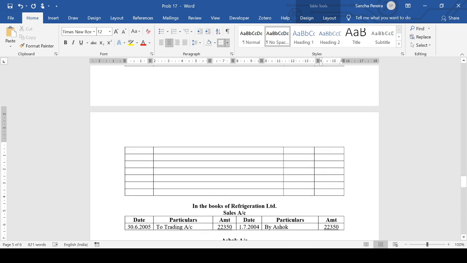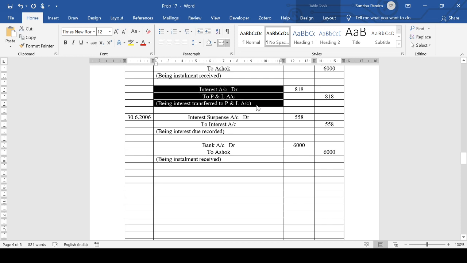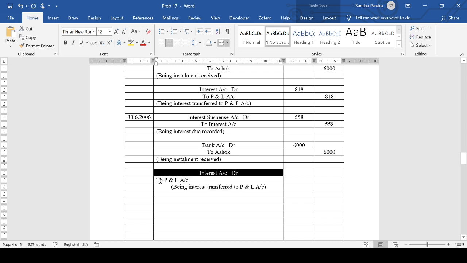Finally, the last one where we transfer the interest to P&L account. So, interest account debit to P&L account. Being interest transferred to P&L account, we have 558 here, 558.